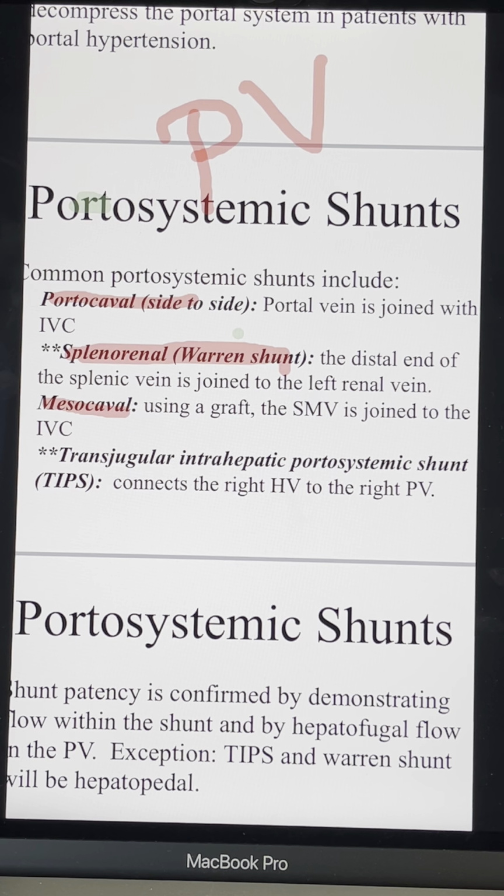Now, how is the fourth one different? Fourth one is inside the liver, the right hepatic vein is joined to portal vein. So the blood is still entering inside the liver. So in TIPS, the flow in portal vein is going to be hepatopetal.